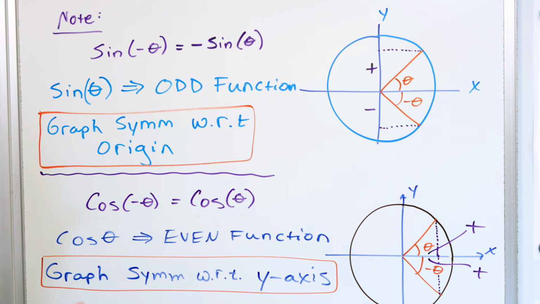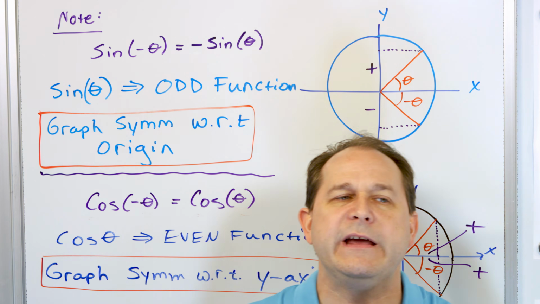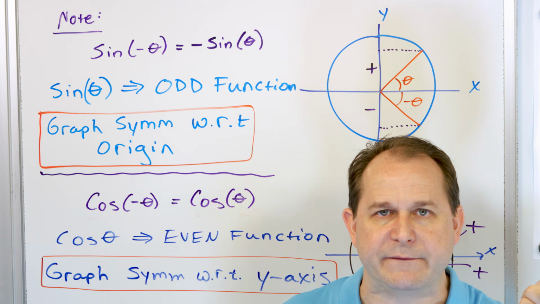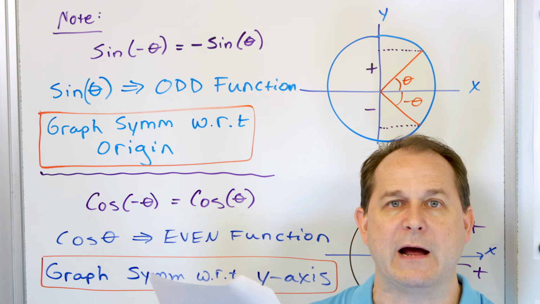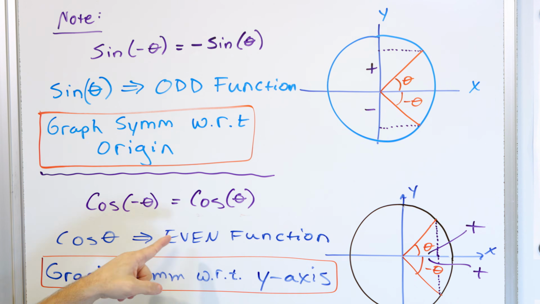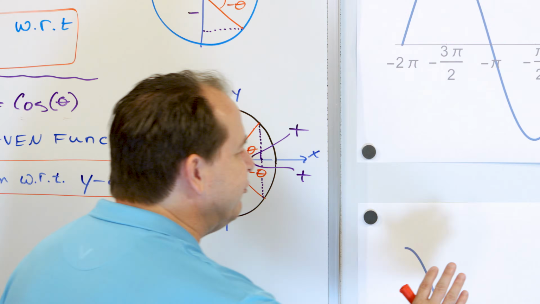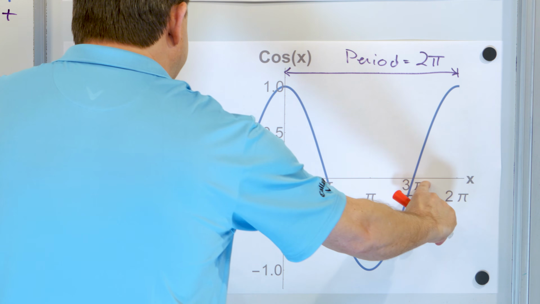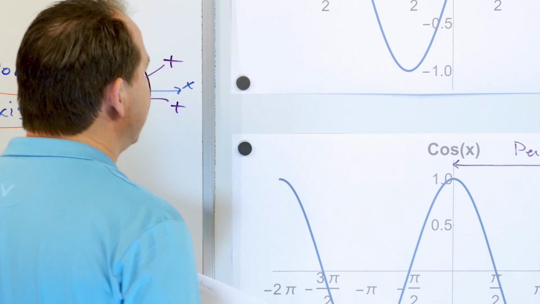So for even functions, if I tell you, here's a periodic function that is even, immediately in your mind, I want you to think cosine function. It's a mirror image reflection about the y-axis. So all even functions are mirror image reflections about, or symmetric about the y-axis, just like this. It's just a mirror image reflection. Negative and positive same angles give you exactly the same values.